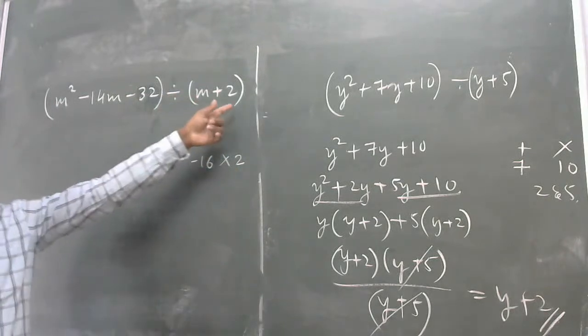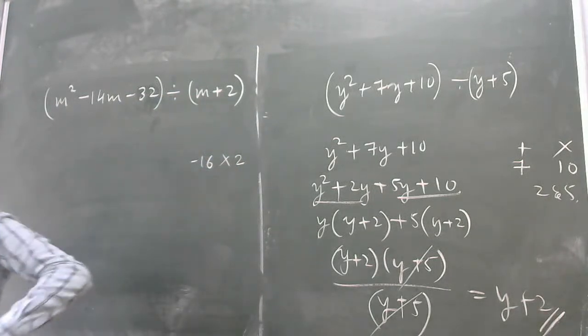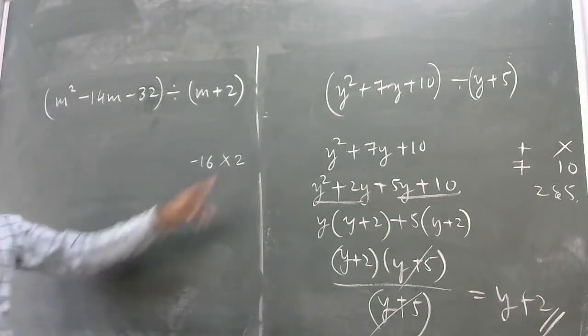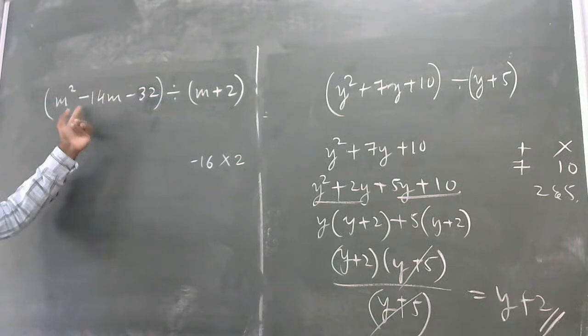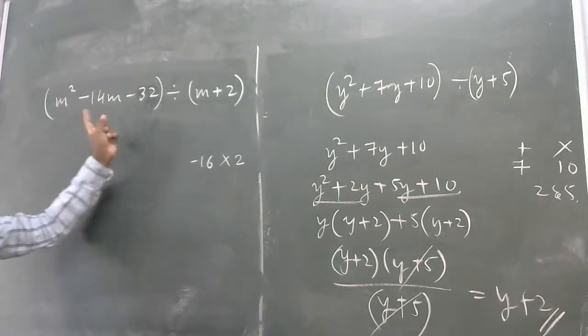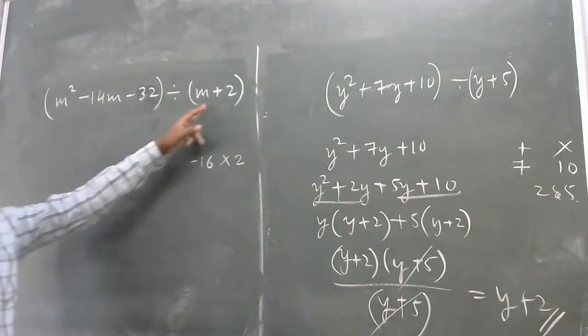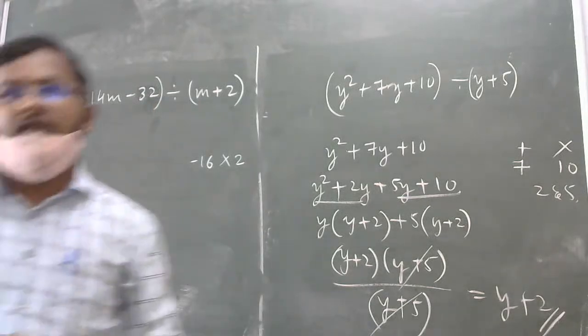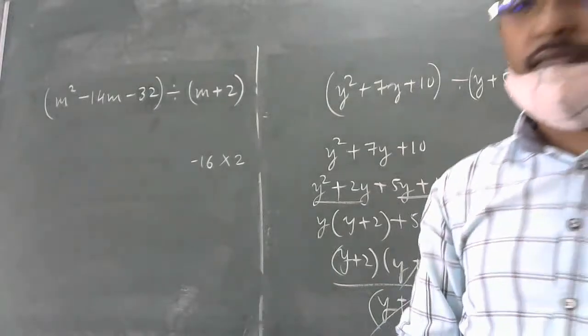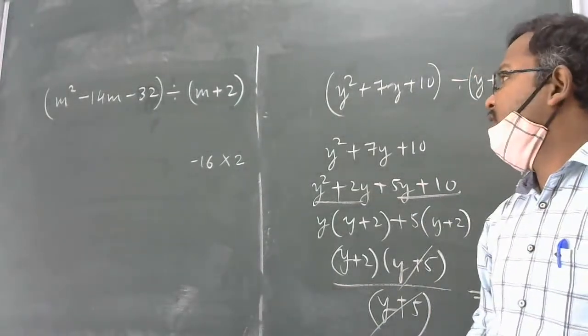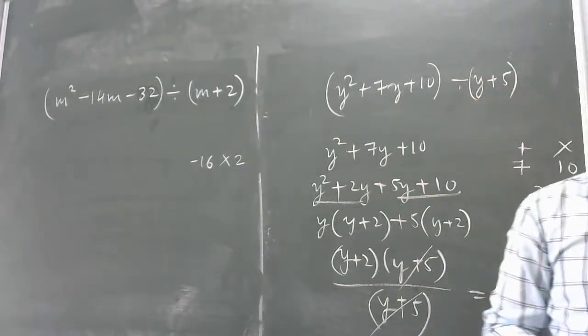So easily we can find out your numbers. Because one number is already given in it, the number that is below is the number that should come. So one number is 2 and the other number is -16. So now you see here -16 plus 2 you will get -14, and when you multiply them you will get -32. So usually you can find that number using the downside part. So what is your answer?